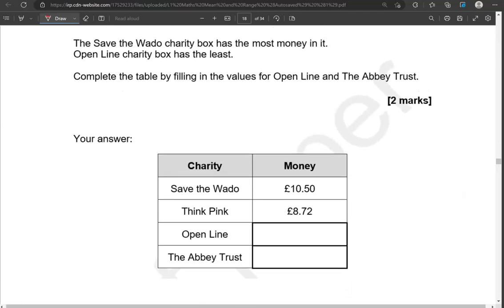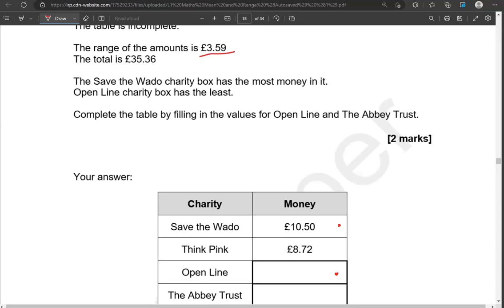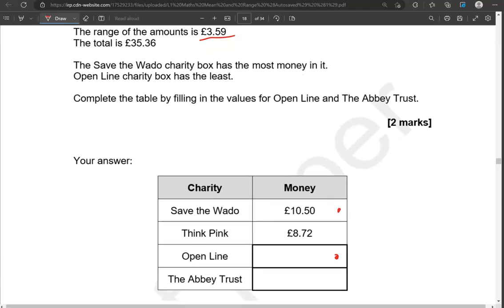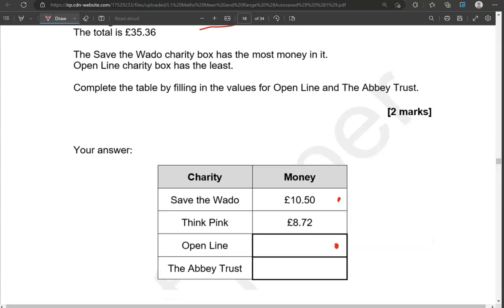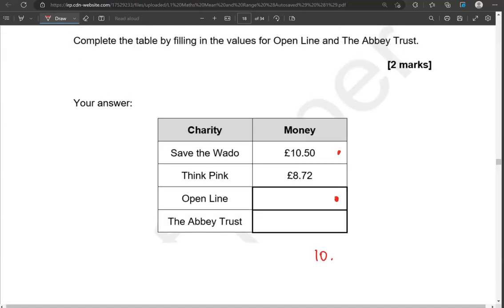So we know that this charity has the highest amount, and we know that this one has the lowest amount. We know the range is £3.59. So the difference between this and this is £3.59. So if I do £10.50 take away £3.59, should give me the value for Open Line.